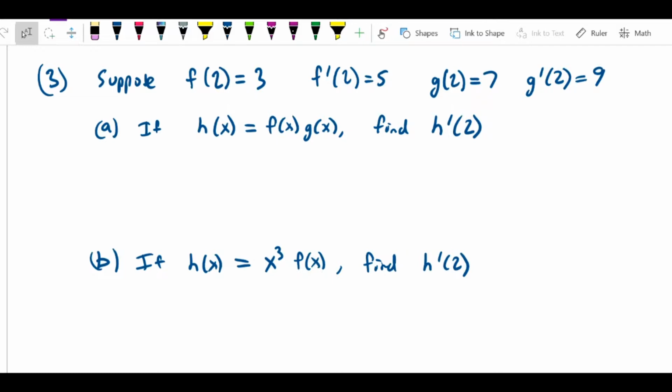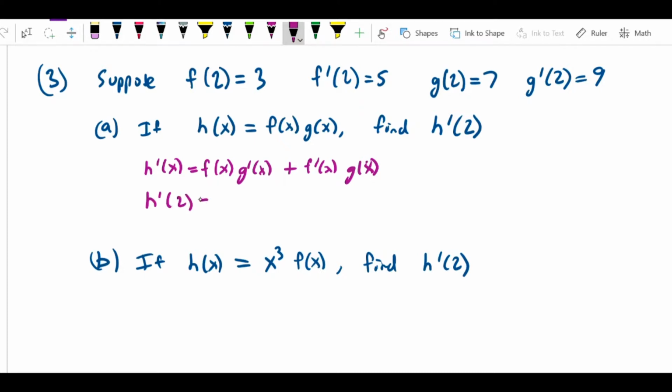Well, the thing to realize is that we're just applying the product rule here. So we know that h prime of x is equal to f of x g prime of x plus f prime of x g of x. So that means that h prime of 2 is equal to f of 2 g prime of 2 plus f prime of 2 g of 2.